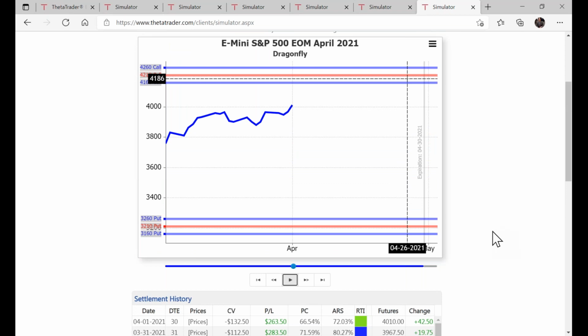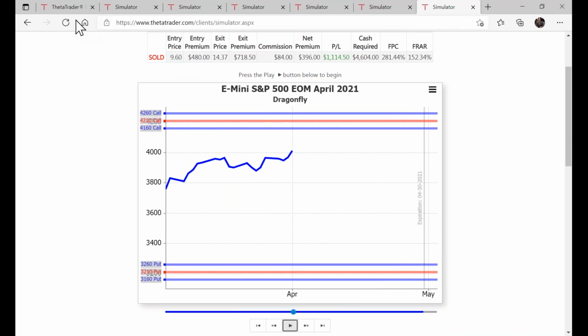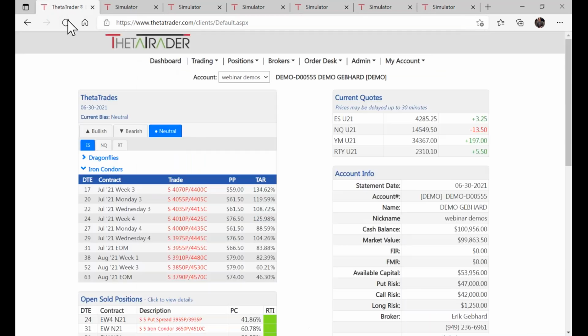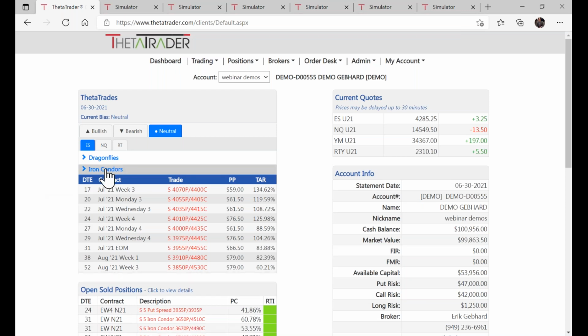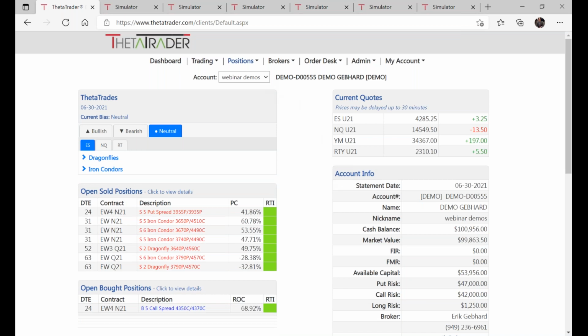So it's a much more robust trade in many circumstances, and that's why we really, really love the Dragonfly. And that's how it stacks up against the Condor. It's not to say we don't do Condors, we do. But remember, a Condor will have a higher potential profit for a slightly higher element of risk compared to the Dragonfly. And here is where you would look at your closed positions.